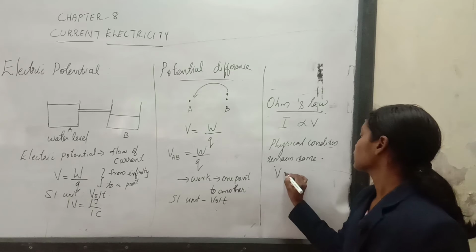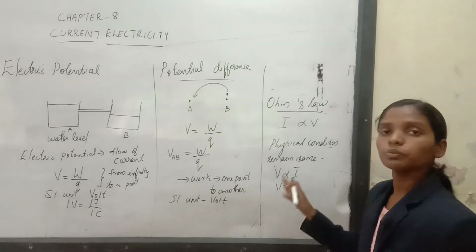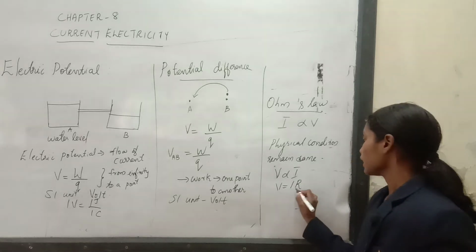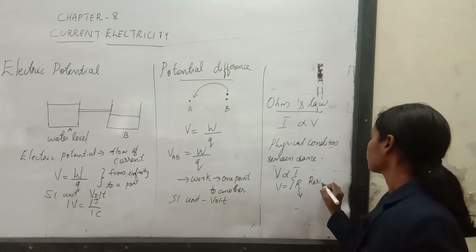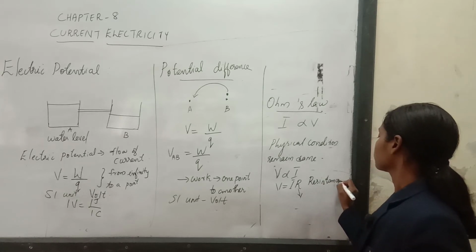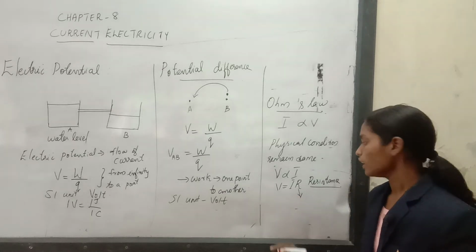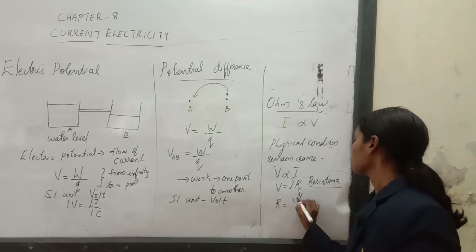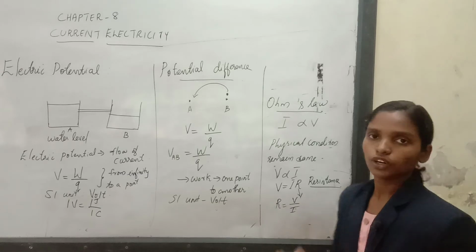So V is proportional to I, and to remove the proportionality sign, we multiply by a constant R, which we call resistance. Here V is equal to IR, and so R is equal to V upon I. What do we mean by resistance?